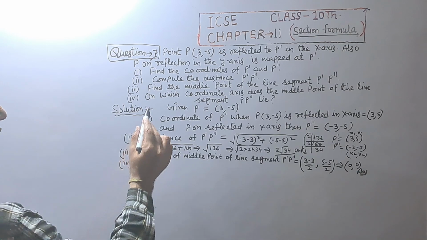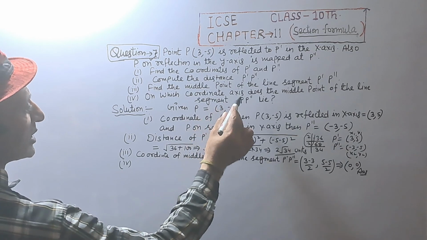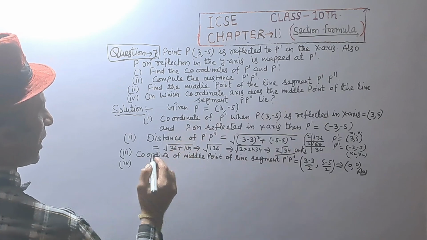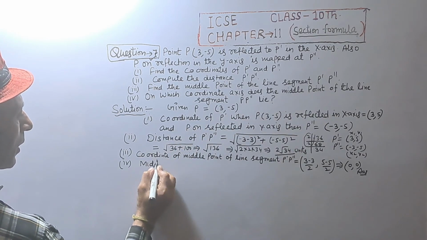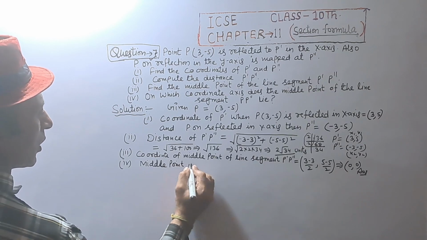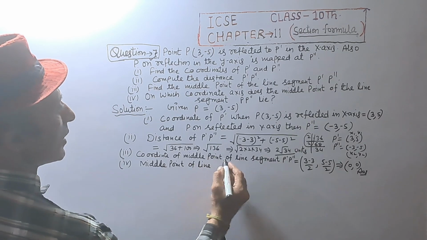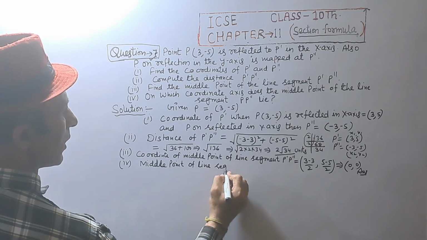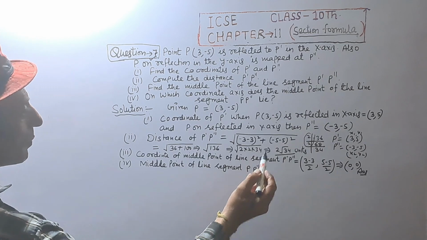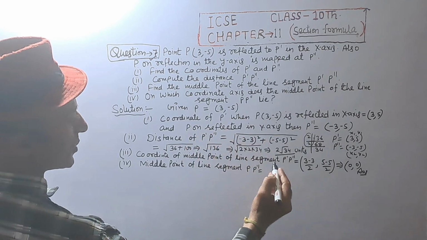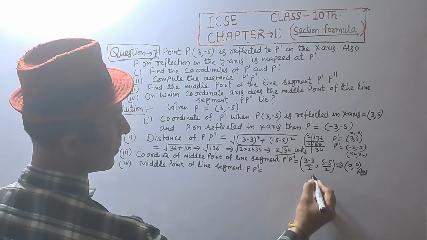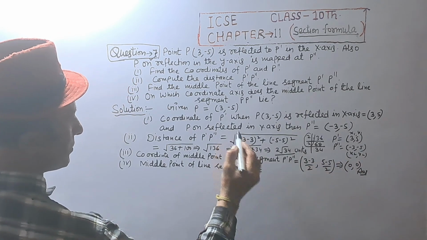Fourth part. On which coordinate axis does the middle point of the line segment P and P double dash lie? P is (3, -5) and P double dash is (-3, -5).